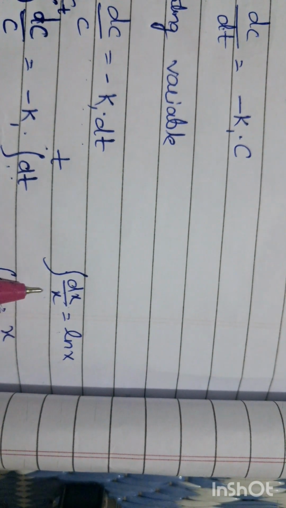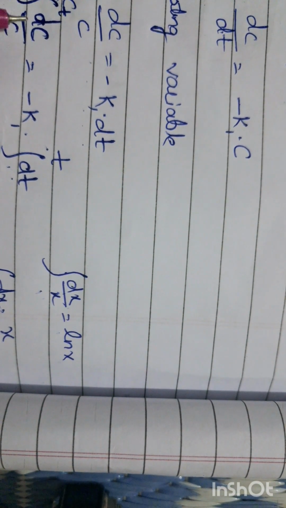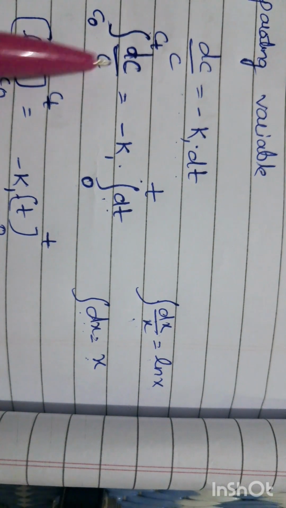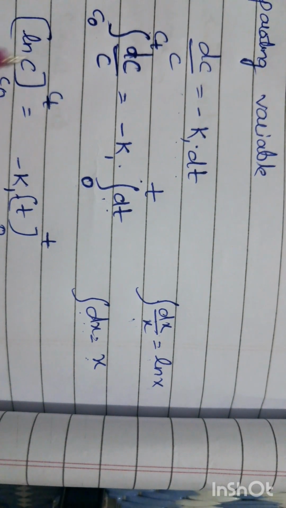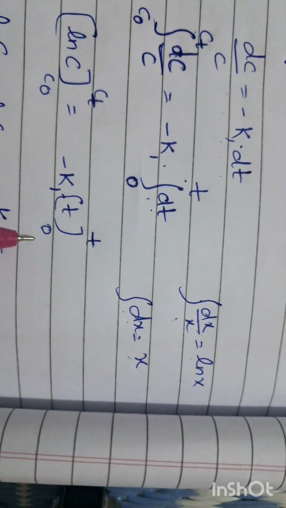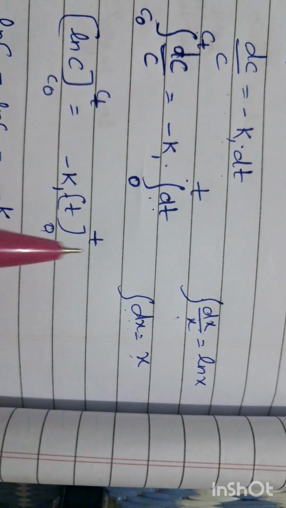So the integration of dC by C can be written as ln of C between the initial and final concentration, equal to minus K1 into T between the initial and final time.